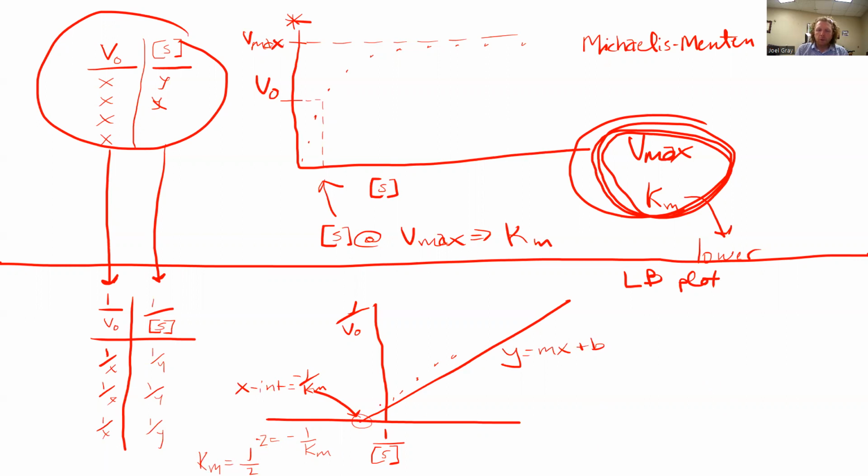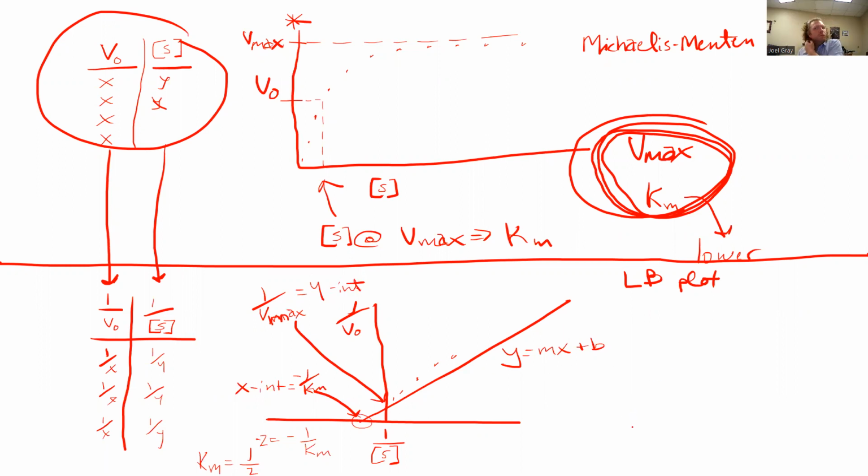Now, our other important kinetic parameter, our Vmax, is displayed right here. That is your y-intercept: 1 over Vmax equals your y-intercept.